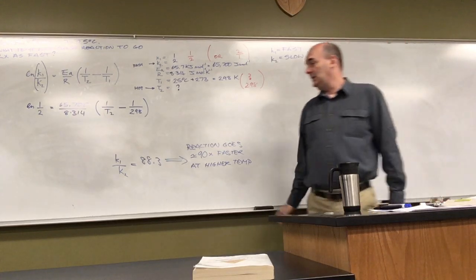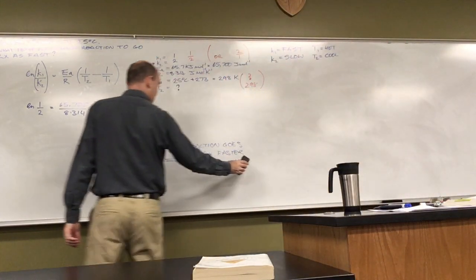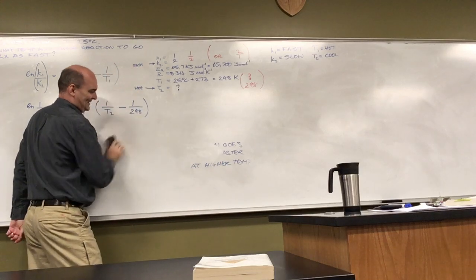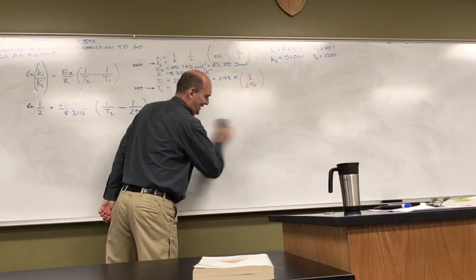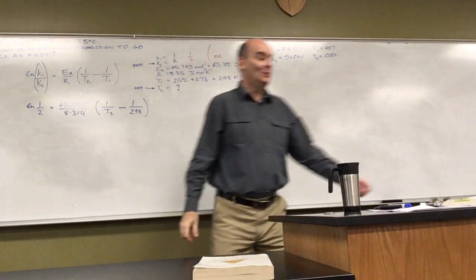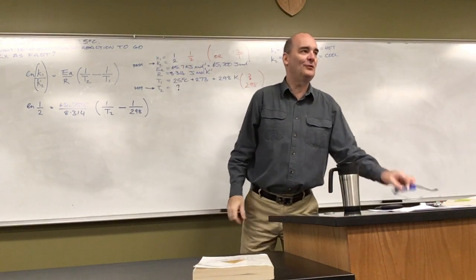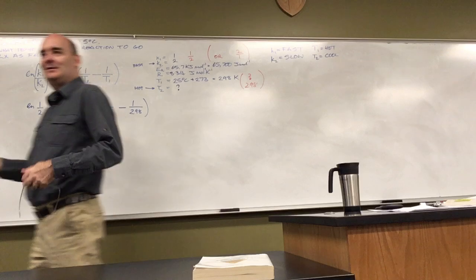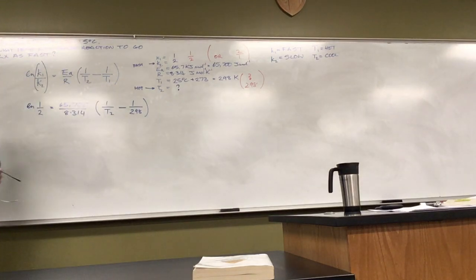If any of you are nerds or geeks, you will know what the natural log of 1 over 2 is without having to look it up, because we did it yesterday. What's the natural log of 2? 0.693.